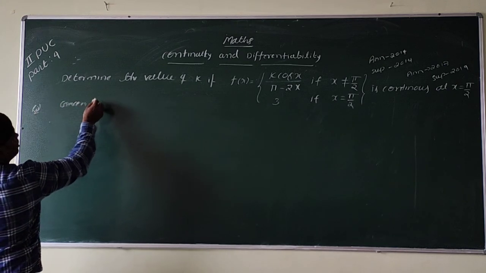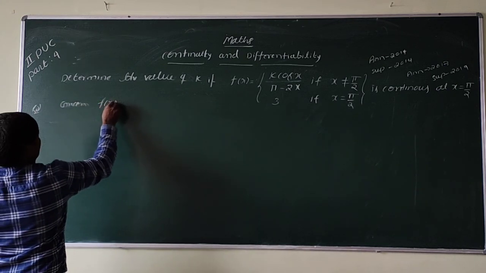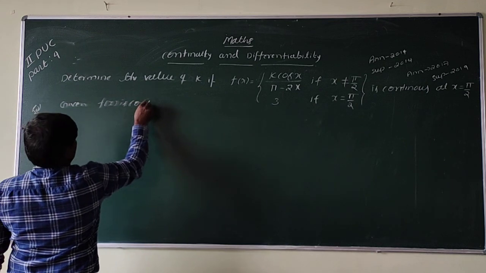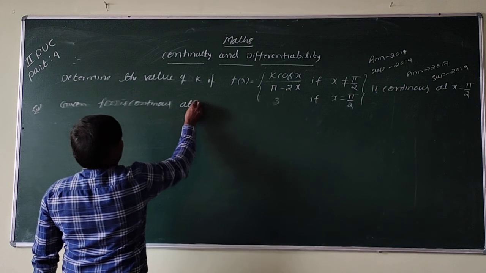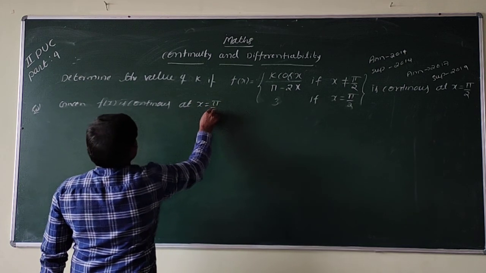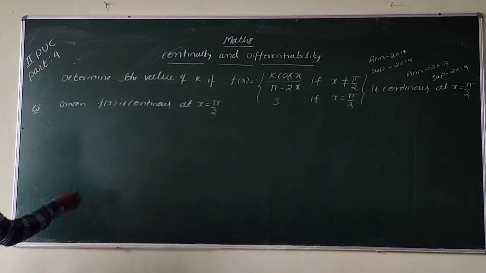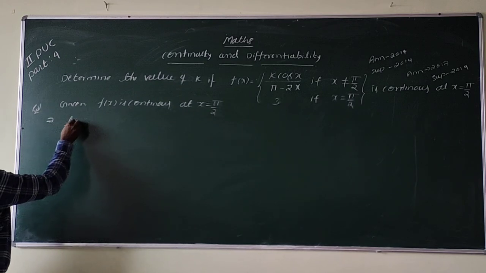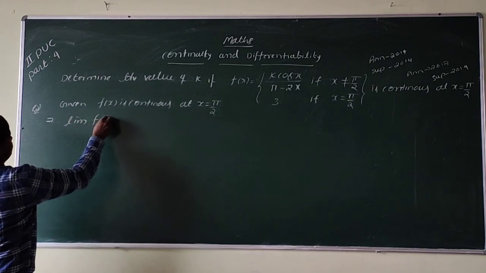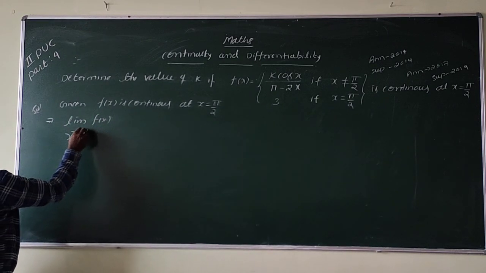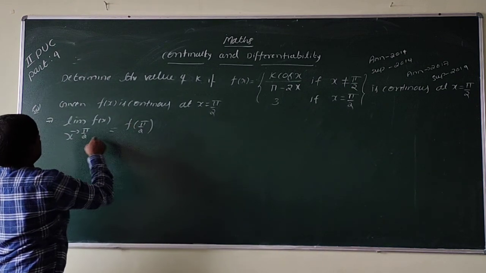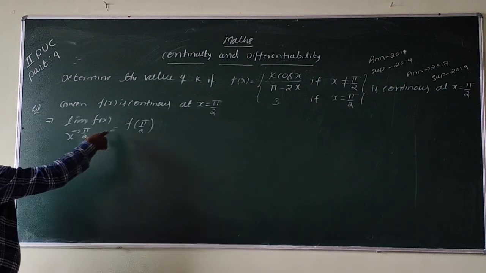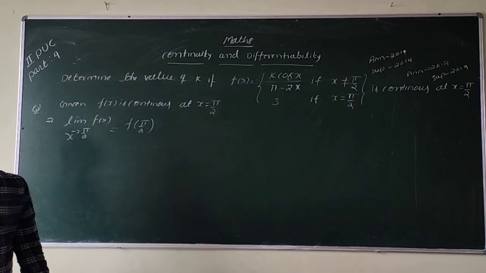Given f of x is continuous at x is equal to pi by 2. So this implies limit of f of x as x tends to pi by 2 is equal to f of pi by 2. That means the limit of the function at x is equal to pi by 2 is equal to the value of the function at x is equal to pi by 2.